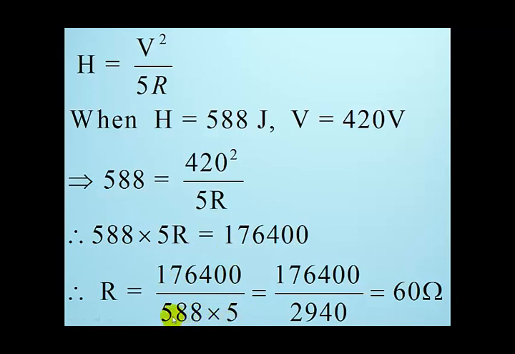Now 588 times 5 is equal to 2940. So 176400 divided by 2940 is equal to 60. So the resistance is equal to 60 ohms, because that is the unit of the resistance.